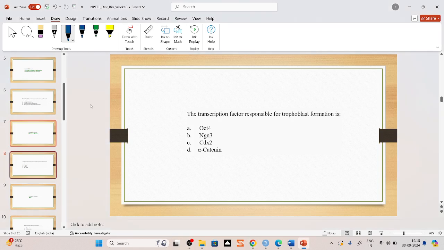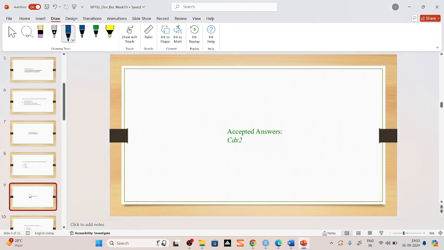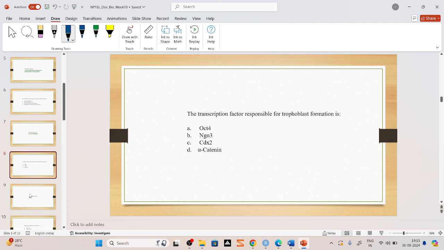Okay. You have answered it as C, which is CDX2, which is the correct answer. CDX2 plays an important role in the differentiation of the trophoblast cell. So the transcription factor responsible for trophoblast formation is CDX2.